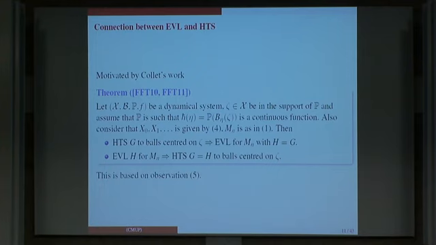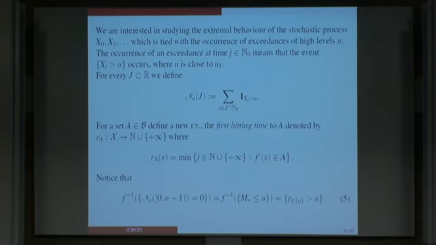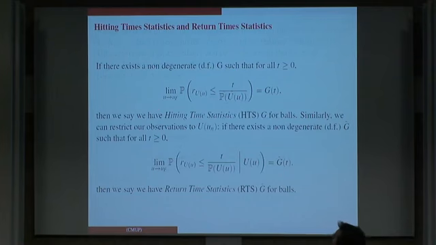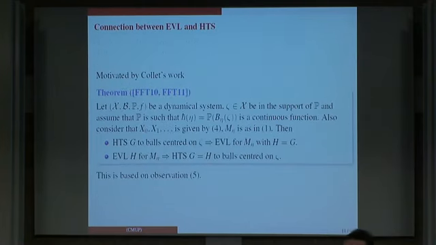Now, as one can actually forecast from this relation here, there is actually a connection between proving an extreme value law or proving hitting time statistics. And so this was motivated by the work of Collet in 2001.